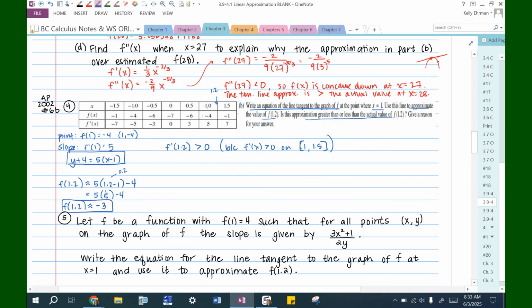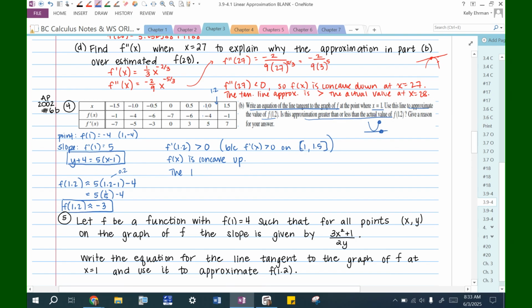So because f prime is greater than 0, f of x is concave up. Make sure you're being specific about all of this, by the way. You can't say it is concave up or the graph. You have to say what. So f of x is concave up. And I just do a little sketch here to remind myself, concave up means the approximation will be lower than whatever the actual value is.